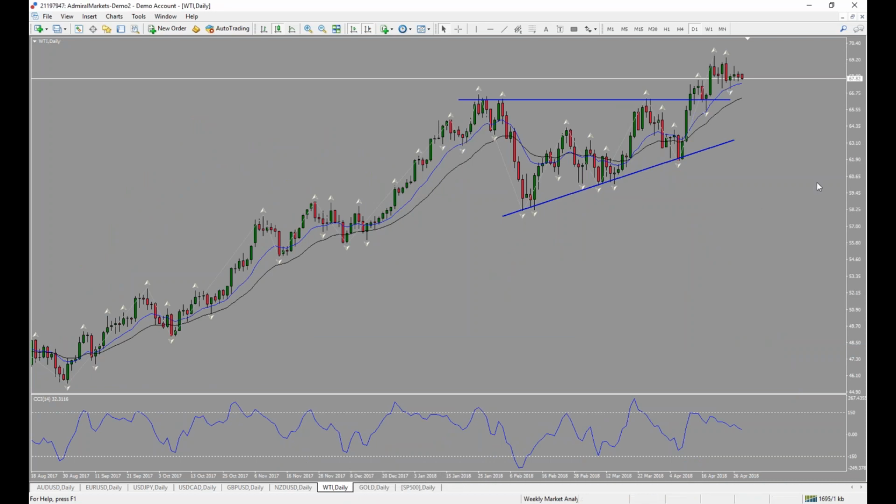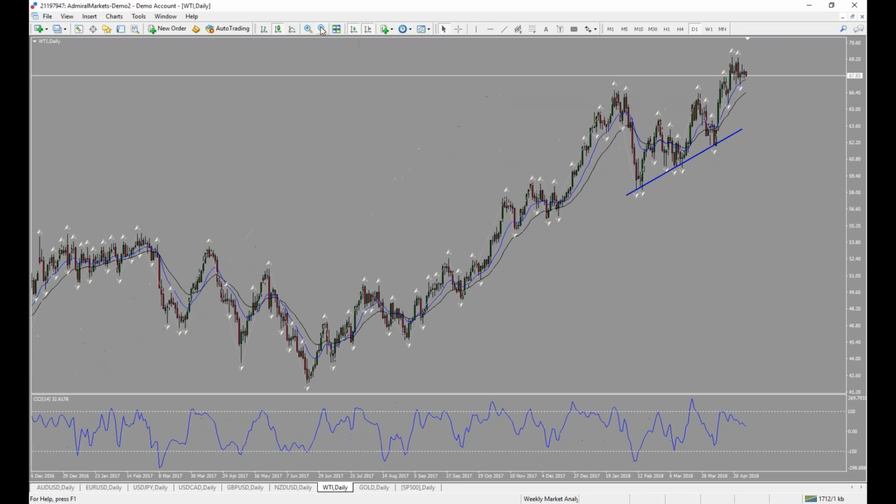Okay, so the triangle that we were tracking has broken through and it came back, it's tested and it's kicking on. So let me just get rid of those things now because they're no good to me anymore. Let me get rid of that line. I'm just going to keep that one down the bottom for the time being. Let me zoom out.